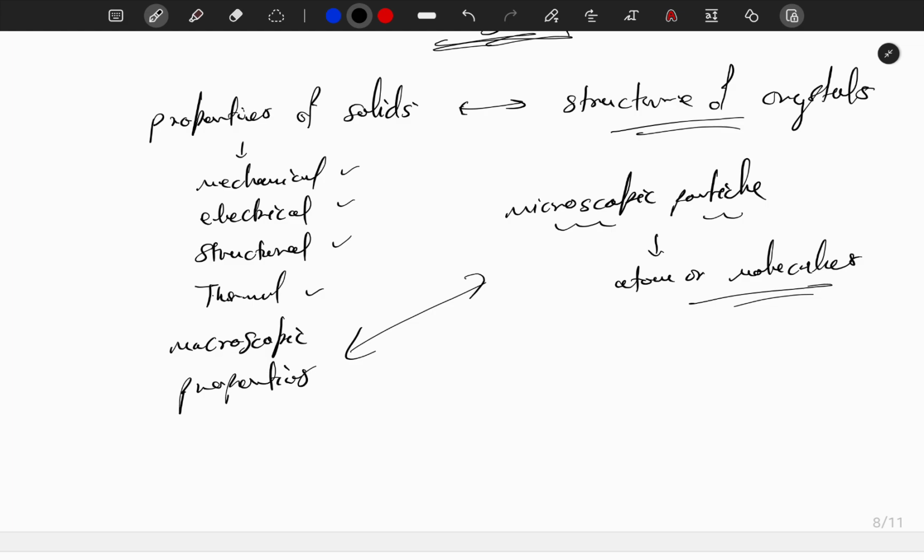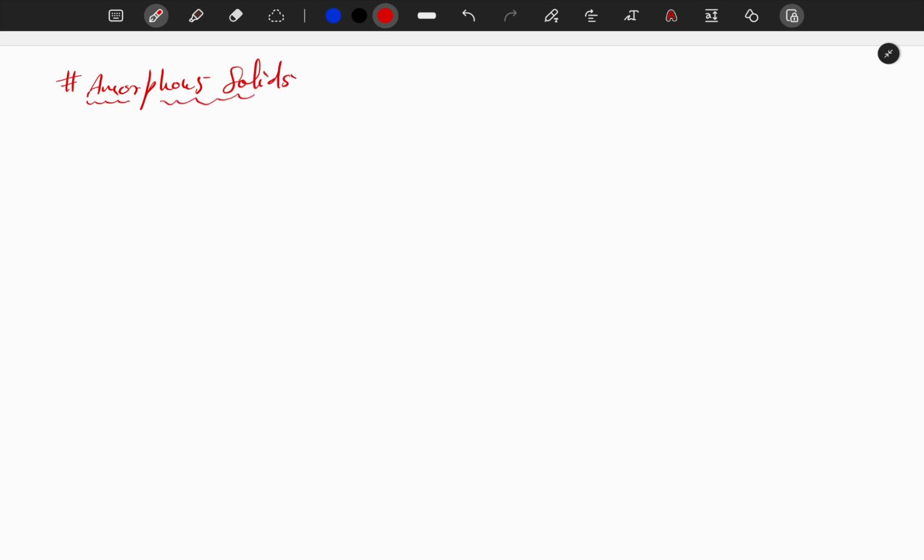So now let us give definitions of amorphous and crystalline solids. First we will define the amorphous solids. So what are amorphous solids? First of all, if we look at the word amorphous, it means without form.